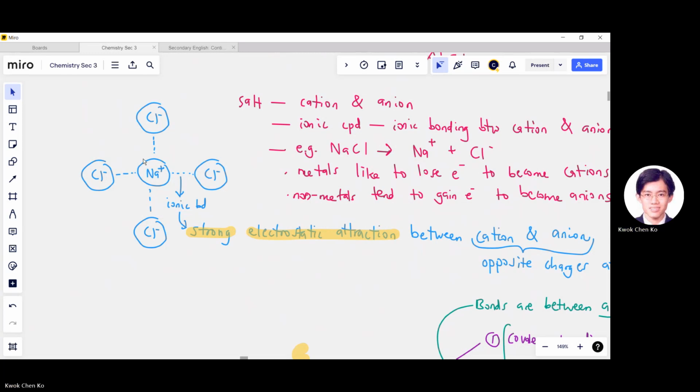So normally you won't be asked to describe it, but just keep this model in mind. Okay, each ion is surrounded by other ions.